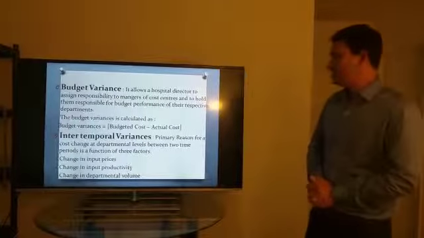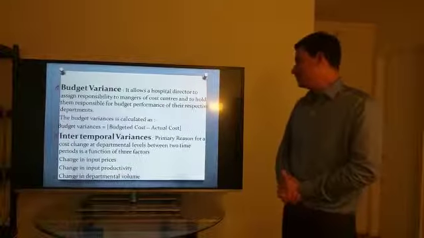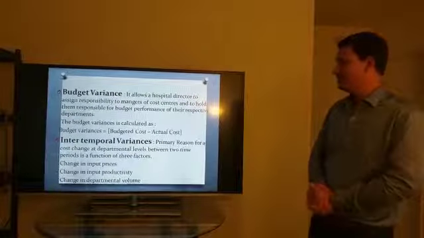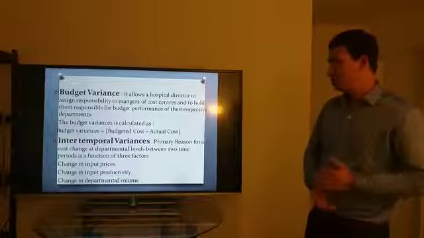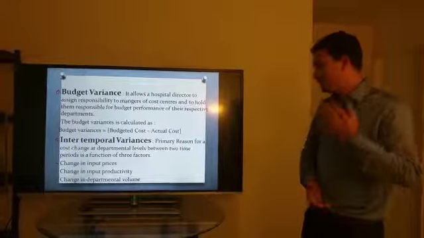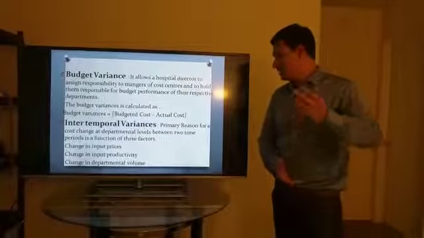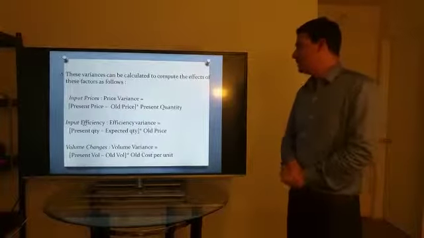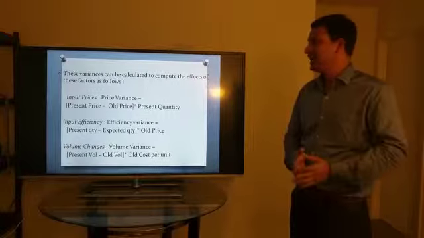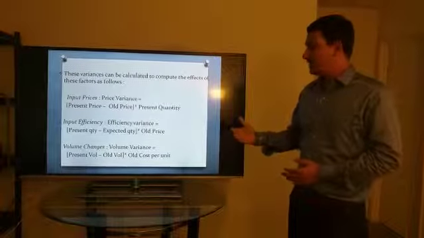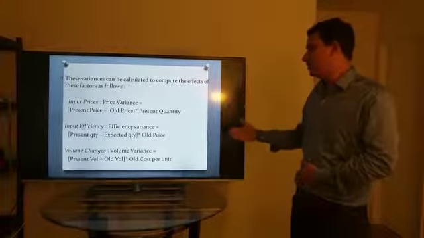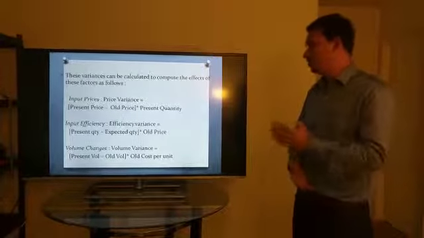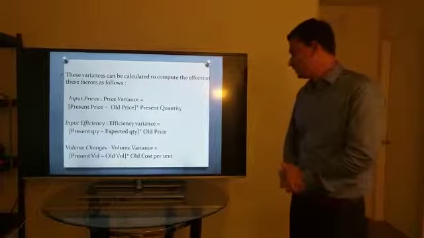A primary reason for cost change at departmental levels between two time periods is a function of three factors: change in input prices, change in input productivity, and change in departmental volume. These variances can be calculated to compute the effects of these factors as follows. Price variance equals present price minus old price, multiplied by the present quantity.